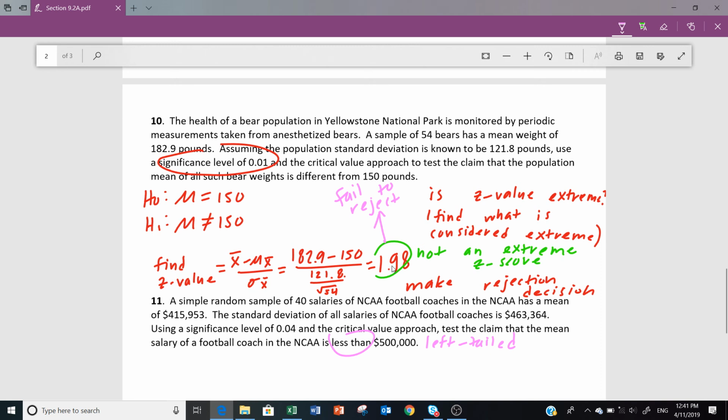So if it's under the critical value, which is down the alpha chart, it's the left tail.